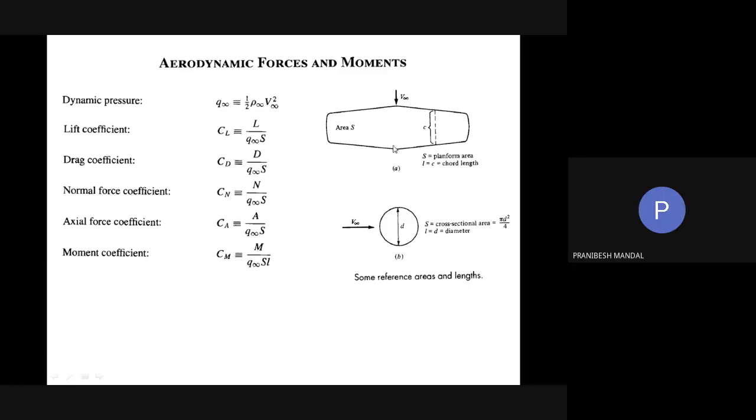But in the second figure, figure B, it is shown as a circle. The aerodynamic object can be an airplane, then the reference area S is the planform area.